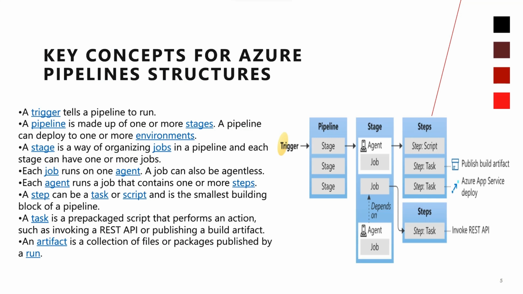Okay. Now, as you can see here, under pipeline we have multiple stages. Under multiple stages, in each stage you can have agents or jobs. And each agent can also have steps, scripts. They can have multiple different things.